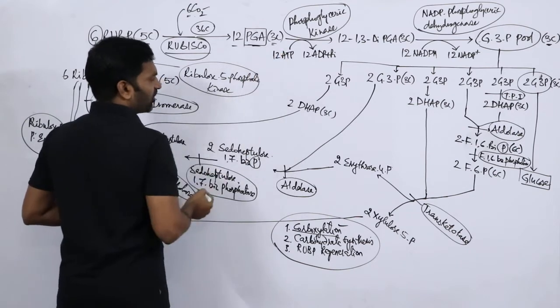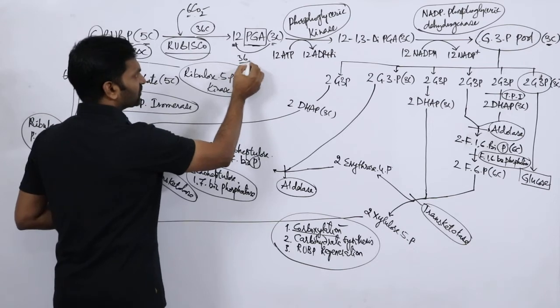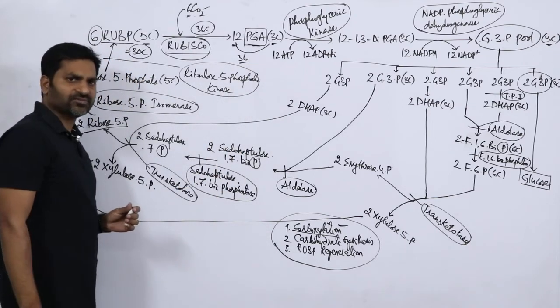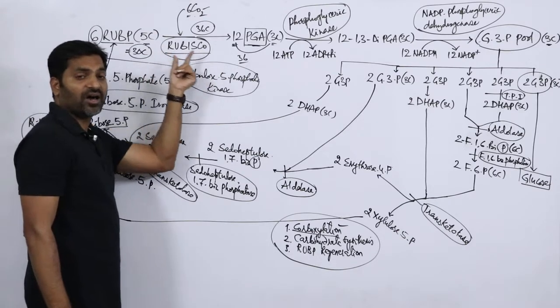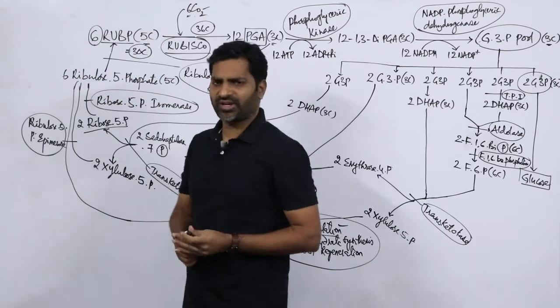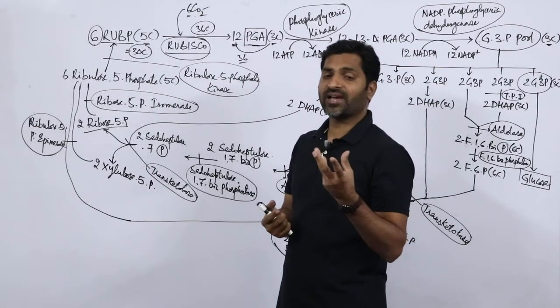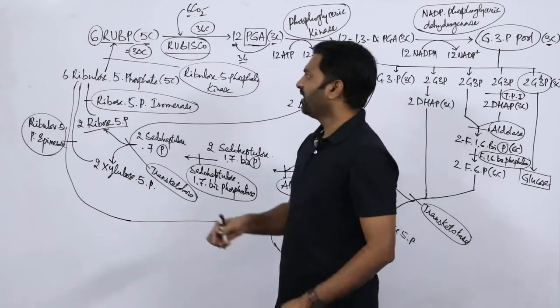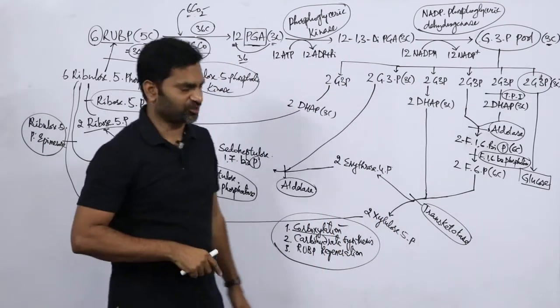PGA contains 3 carbons and there are 12 units, 12 into 3 is equal to 36. Clear? This entire process is catalyzed by RuBP carboxylase, or you can say Rubisco. I have told you the schematic description of the enzyme in my last session.